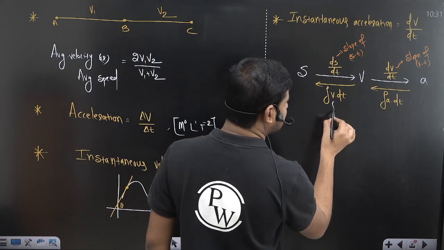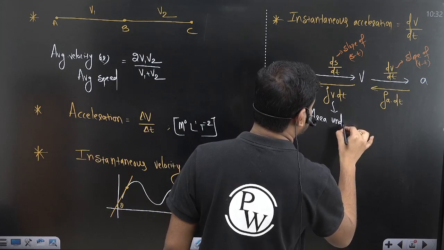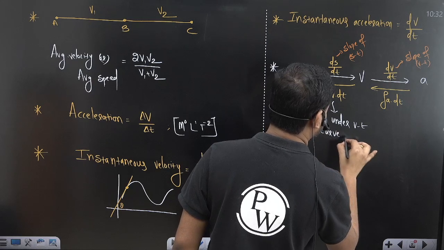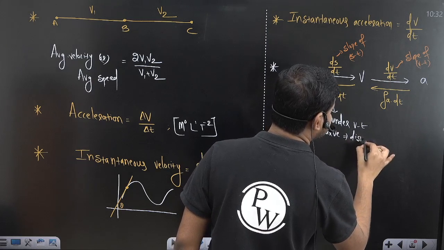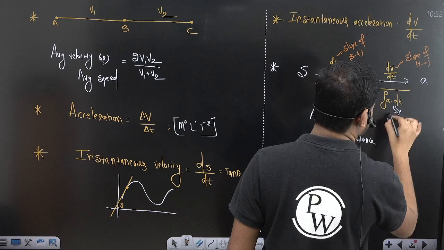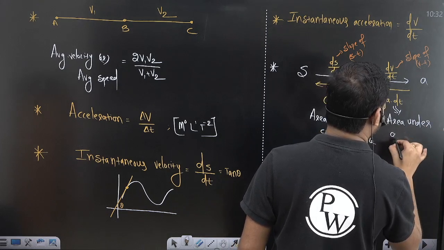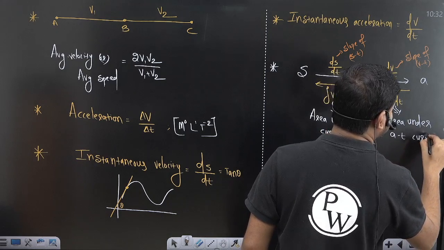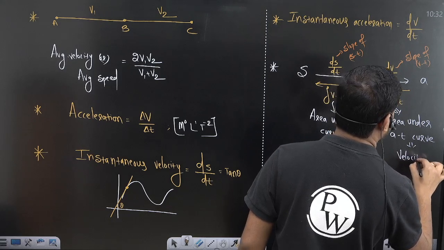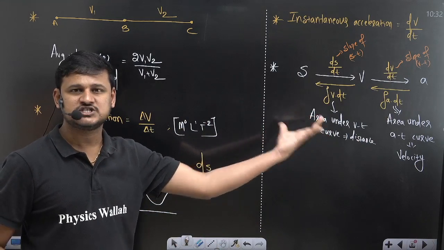So the area under the vt curve results in displacement, distance or displacement, whereas the area under the at curve results in the velocity. Clear? Understanding this process is important, and we solve many questions based on this.